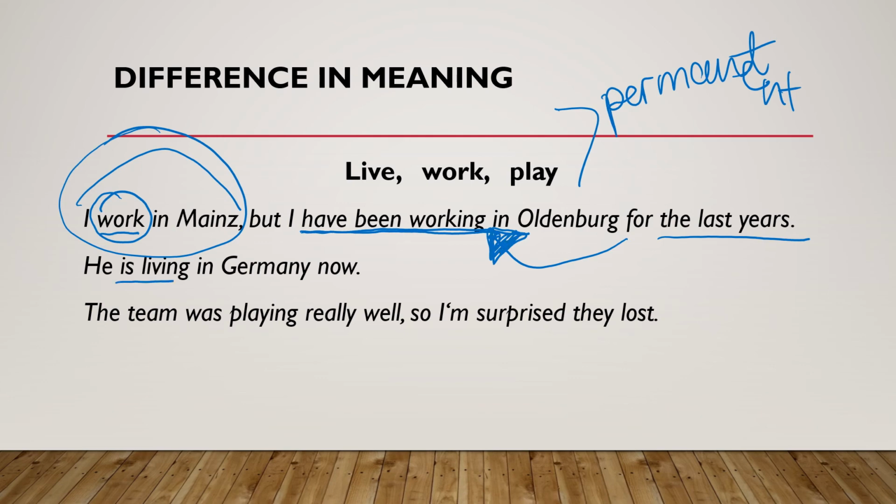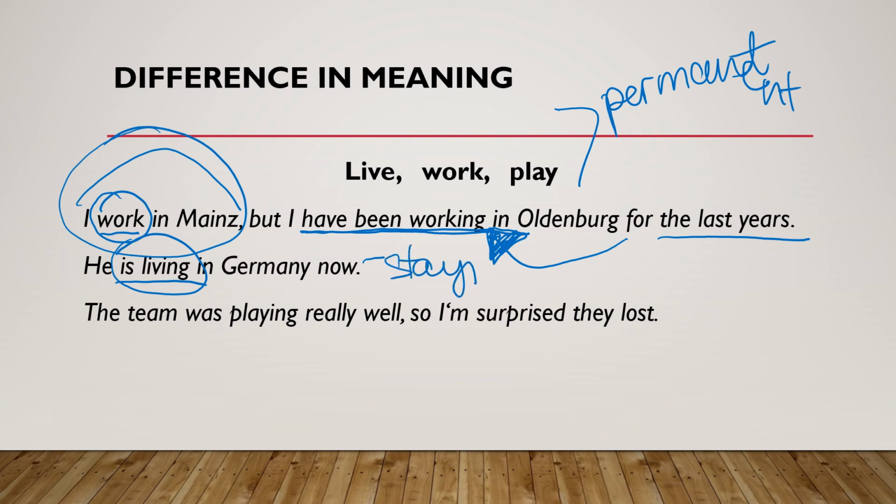He is living in Germany now. Usually you would say, I live in Germany, or I live in Frankfurt, I live in Wiesbaden, I live somewhere, but not "is living." But here you would understand that this is an untypical situation. She or he probably lives somewhere else, and at this moment he is staying in Germany.